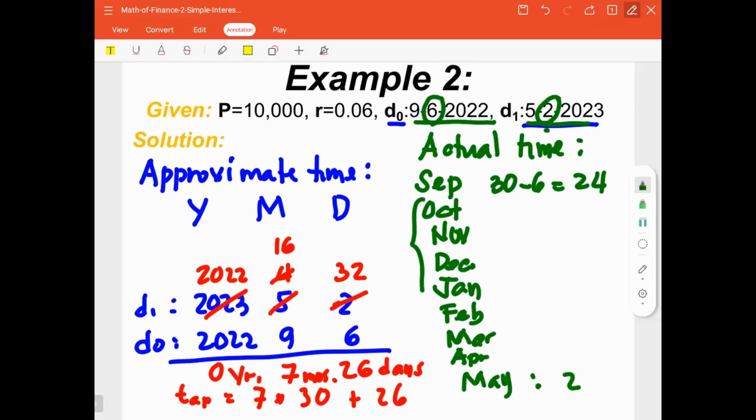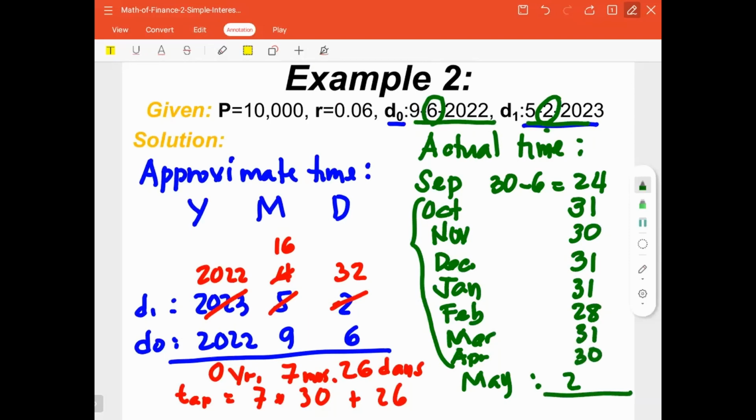Then for all these months here, you need to determine the actual number of days, right? We know that there are 31 days for October. November is 30, then 31 days for December, and January is 31. Take note, 2023 is not a leap year, so there will be 28 days for February, and for March we have 31, and April is 30.